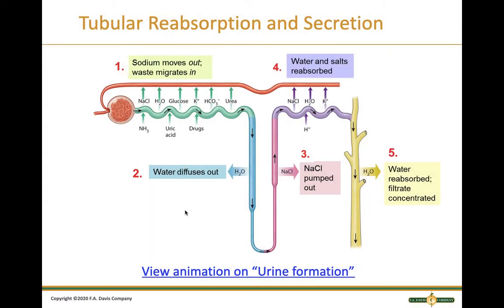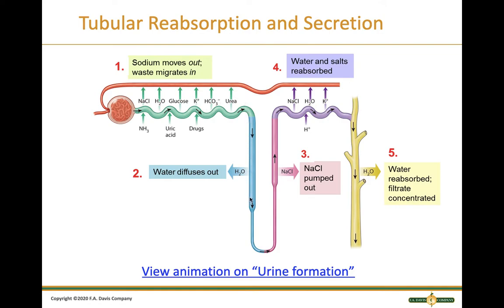Alright, so that does a good job explaining the whole process of urine formation. So in the proximal convoluted tubule, which is right here, sodium moves out of the filtrate, and again water follows it, and glucose, potassium, bicarbonate, urea, they're all reabsorbed, and the wastes move in, so ammonia, uric acid, drugs are all moving into the tubules, into the filtrate.